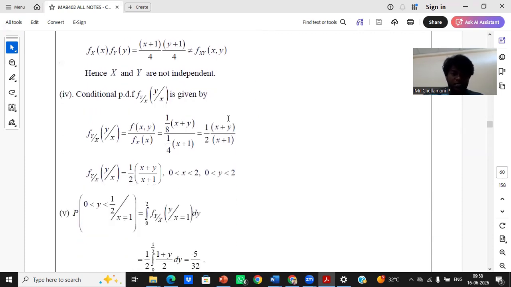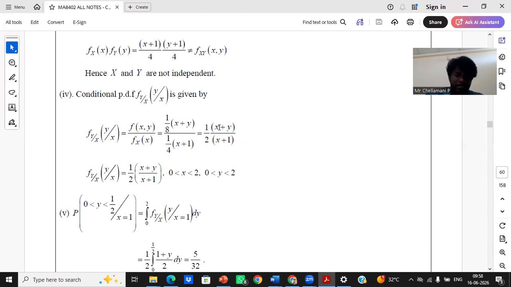Next we see conditional probability of f of y divides x and f of x divides y. First we see f of y divides x. So f of y given x is equal to f of x comma y by f of x. Here f of x comma y value is 1 by 8 of x plus y, and f of x is 1 by 4 of x plus 1.